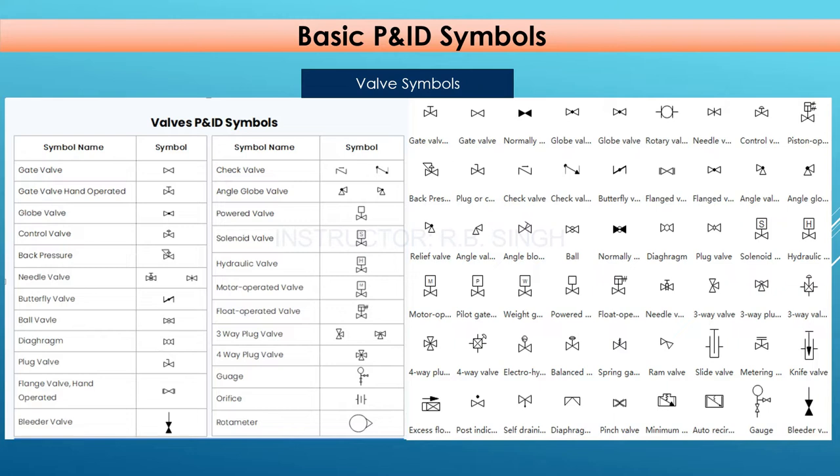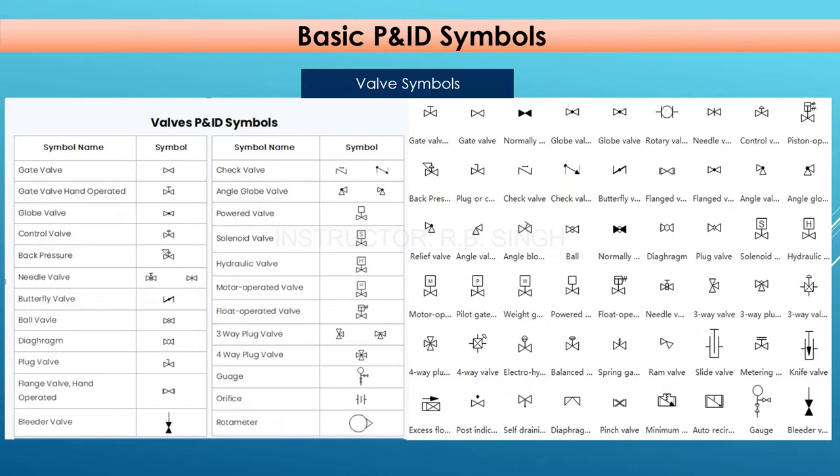In the legend sheet, there will be some identifications, some signals, and some symbols also. Those symbols or identifications will be clearly clarified in the legend sheet, so that whenever you review the P&ID in detail, if you don't know about any particular instrument or any item, you can go back to the legend sheet and check what it is.